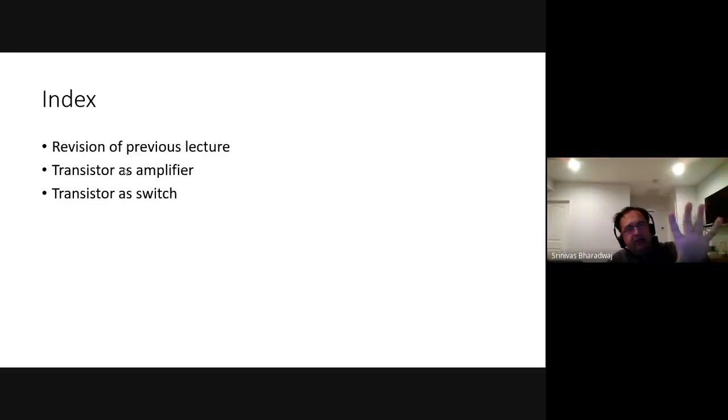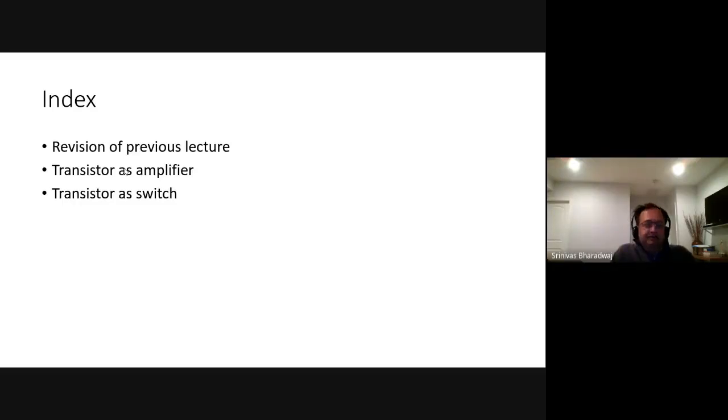So there is a PN and then there is an NP. Okay, so this changes the modality, and there are three terminals on it. One from the N, one from each of the P's, or one from the two N's and the one P, or the two P's and the one N. So it's a three-port device, firstly, and then it acts as a switch.